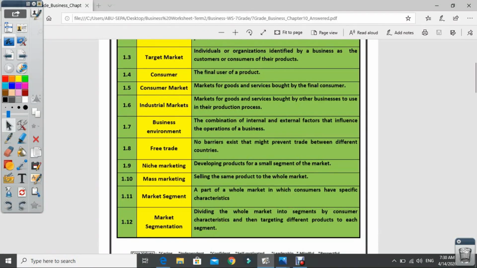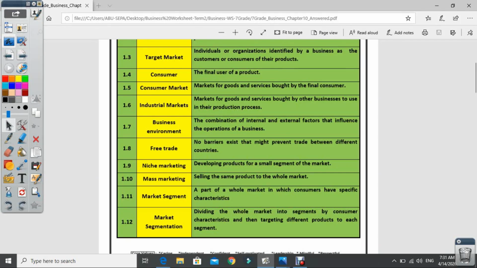Definition number 9, niche marketing. You remember, guys, that we have two markets, the niche marketing and mass marketing. The niche marketing, or another name, specialized marketing, is developing products for small segments of the market.